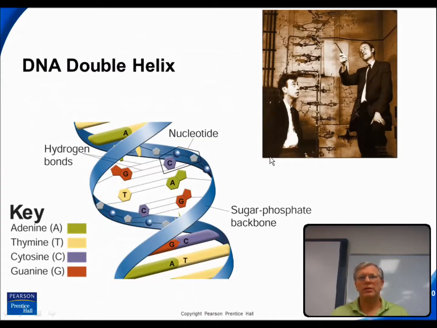So ultimately, Watson and Crick realized that DNA is made up of nucleotides, sugar, phosphate, base, bonded together with the bases, complementary base pairing, A with T, C with G, and then the DNA molecule ultimately took on a twisted ladder shape, a double helix, if you will.